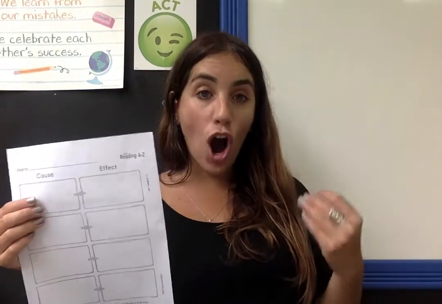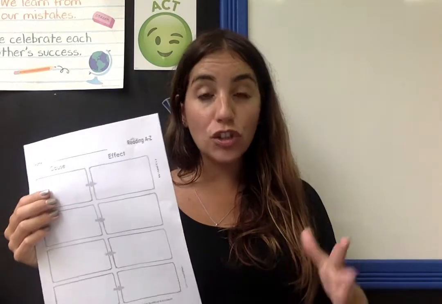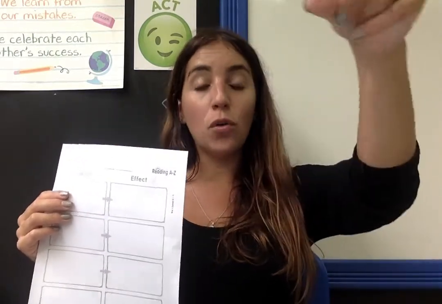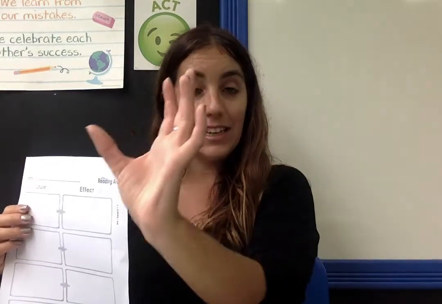Now, I have some advice for you. Tenho conselho para você. We have a cause and effect poster in our room. Okay, it's in the back of the room, and you can look at it if you need help with cause and effect.